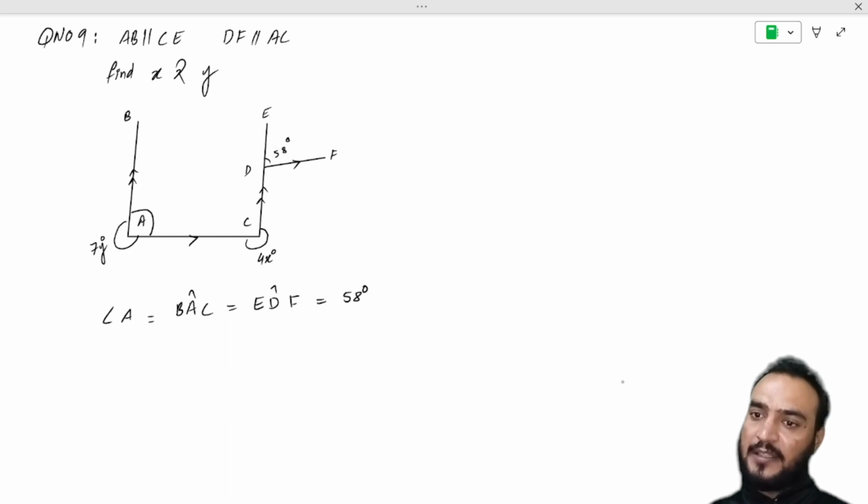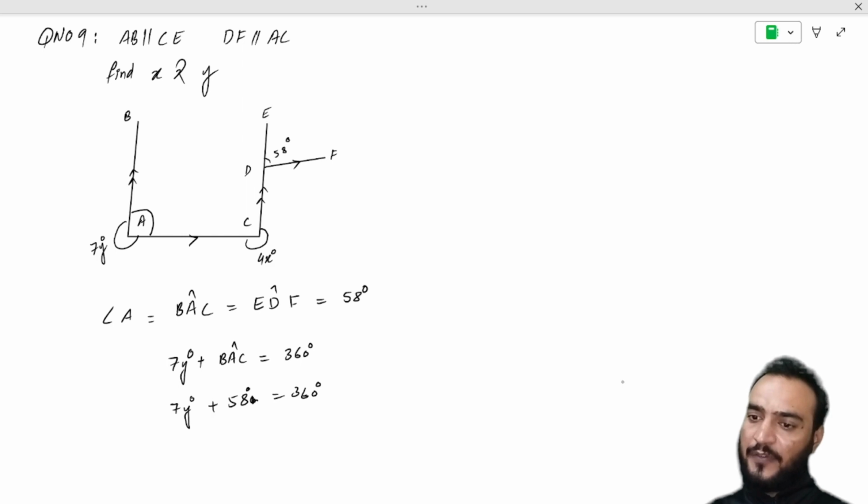The combination of 7y and the angle at point A, that is this complete circular angle, 7y degrees plus BAC is equal to 360 degrees. So hence the angle BAC is 58 degrees. So 7y degrees plus 58 degrees is equal to 360 degrees.